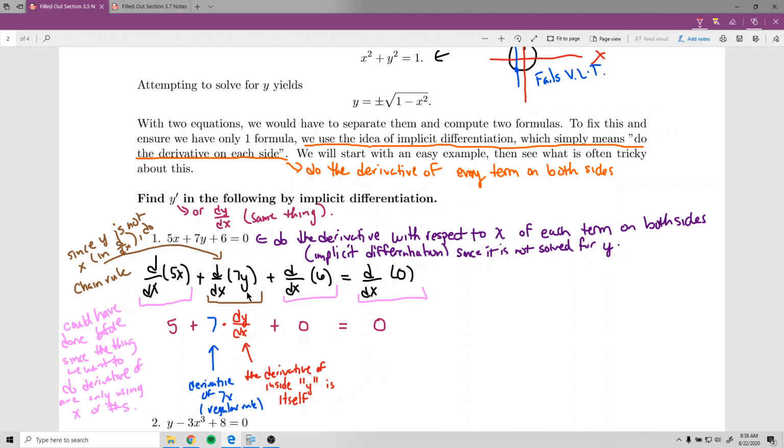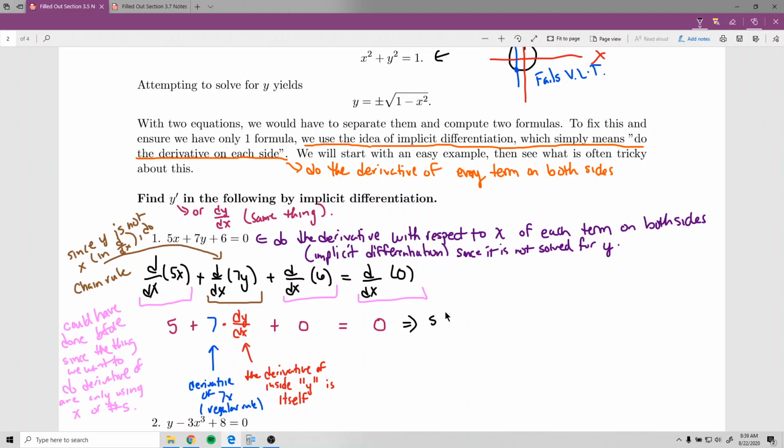But here, since the derivative of y, it doesn't match our x, it is that. If we had any other letter besides x here, like z or t or f or w or whatever, we would also have d of that letter over dx. Right. So that is the key here.